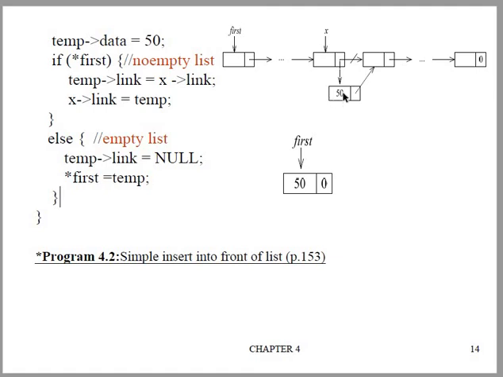The node you have created, its link will point to, see here, the new node created with the data 50. So temp link, we will copy x link, and we'll make the x node pointer point to the temp node. If there are no nodes existing, then we read temp data and the link will be null, because that's the first node we have created.